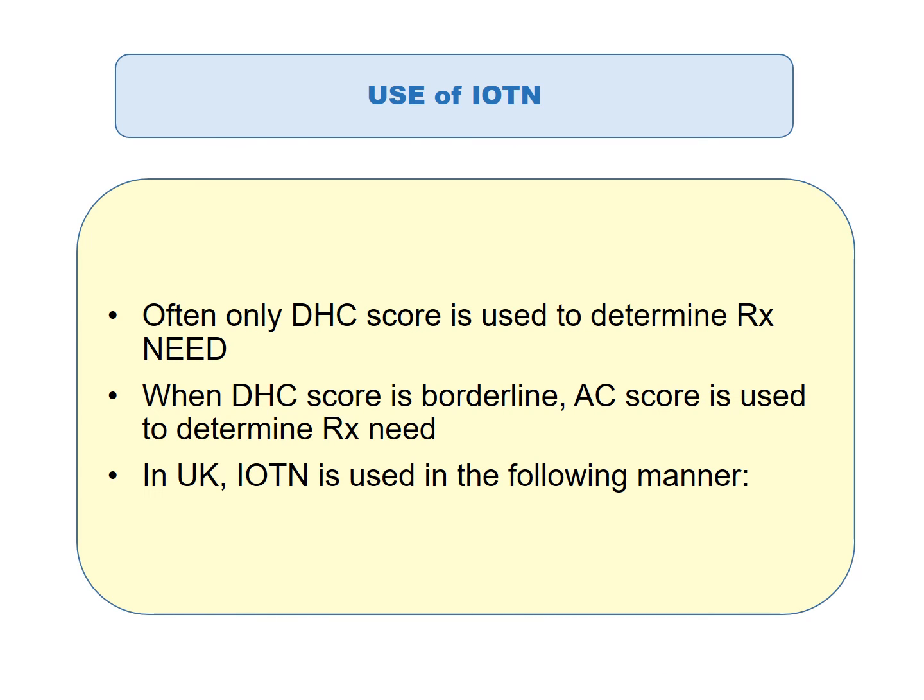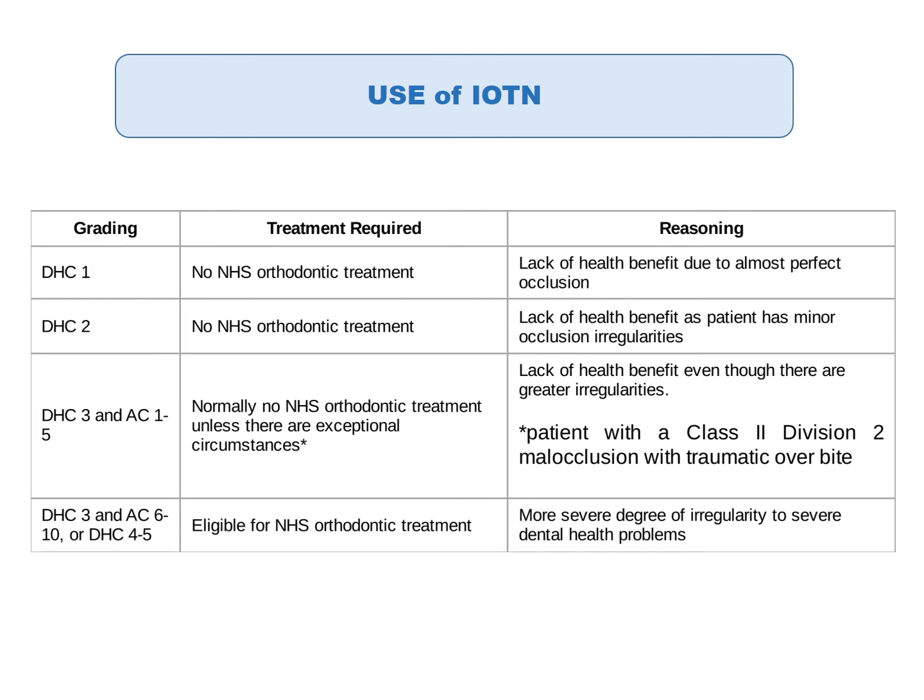Now, how do you use the IOTN? Often the IOTN is used only by using the DHC score to determine the treatment need. However, when the DHC score is borderline, then the AC score is used to determine whether the borderline case needs treatment. In the UK, the IOTN is used in the following manner.